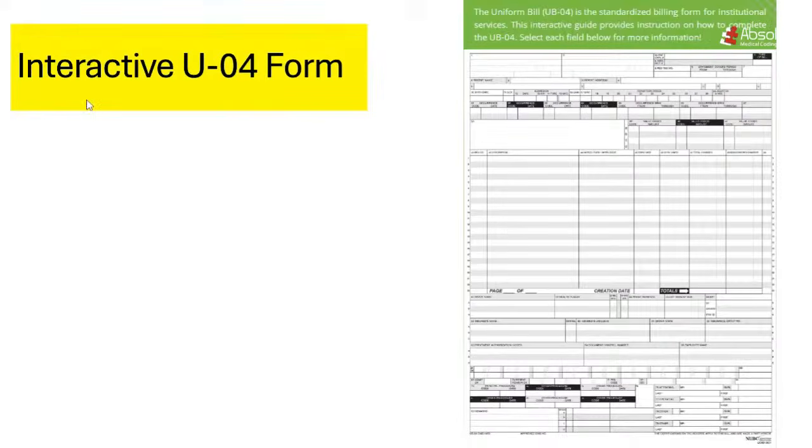Any biller should be able to fill this form out. If they were given this form and told to put everything where it needs to go, they should be able to do it, because they learn in their instruction what each of these fields or form locators means and what should be placed there. There is an interactive UB04 form that is phenomenal that we use here at AMCI for our CCS students.